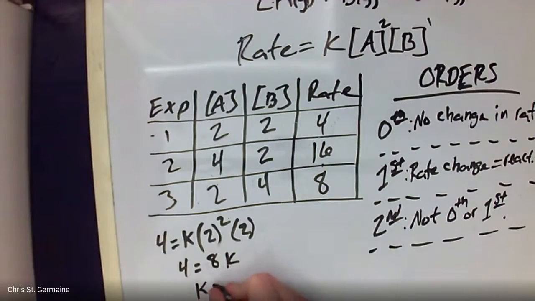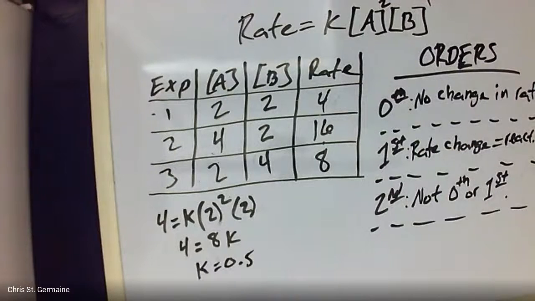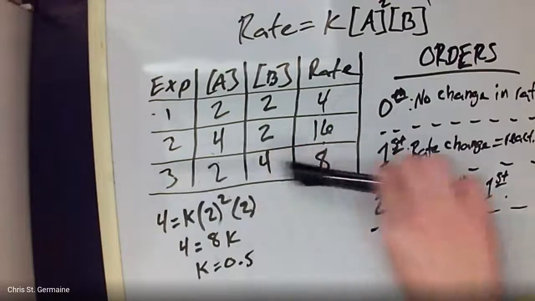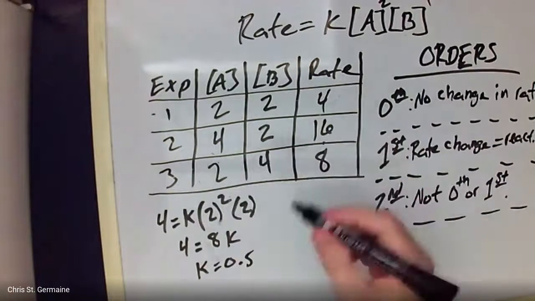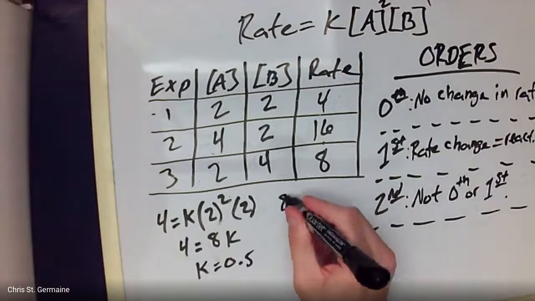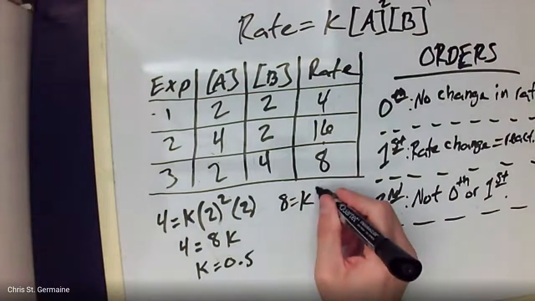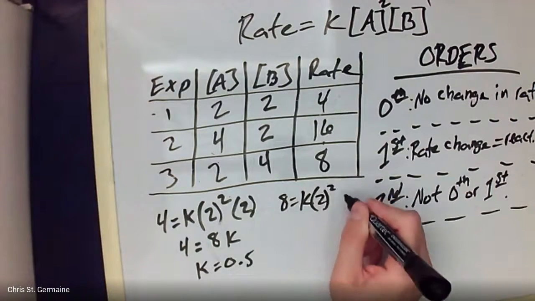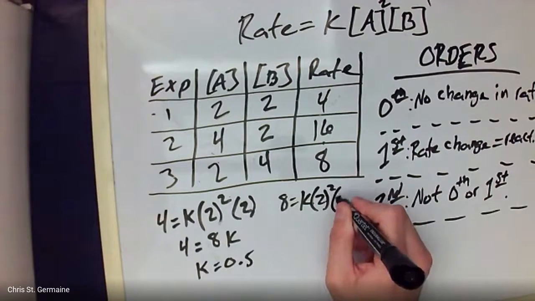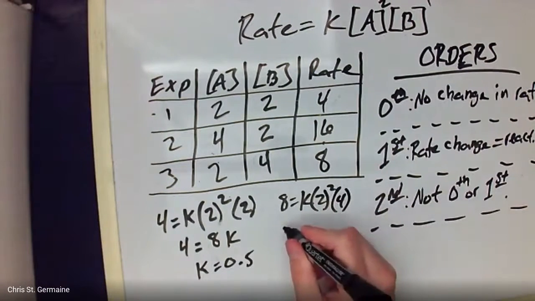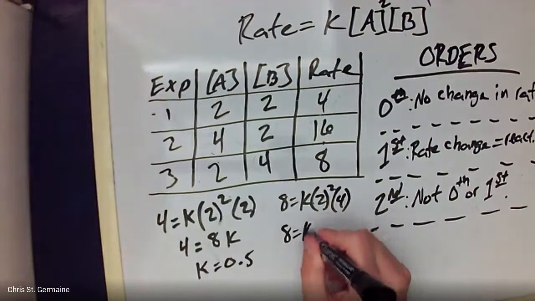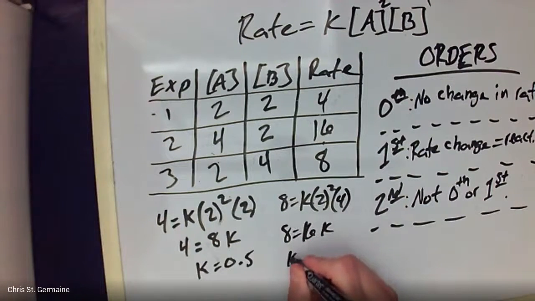So K equals 1/2. Like I said, you could have totally done this one too. This would have worked as well. I'll show you. 8 equals K times 2 squared times 4. 8 equals 16K. K equals 0.5.